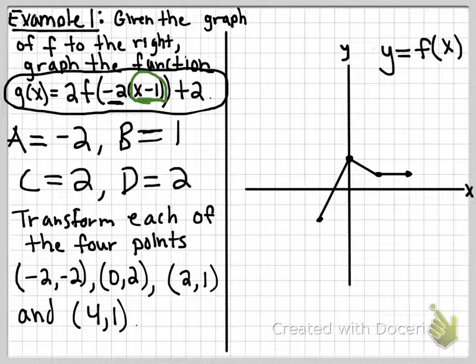If you happen to see a plus sign there, that's usually going to tell you you're going to be shifting to the left. That's why, as I noted in class, sometimes what I call these inside transformations, these transformations that affect only the x coordinates, can be kind of counterintuitive, especially when you compare it to how the vertical transformations work.